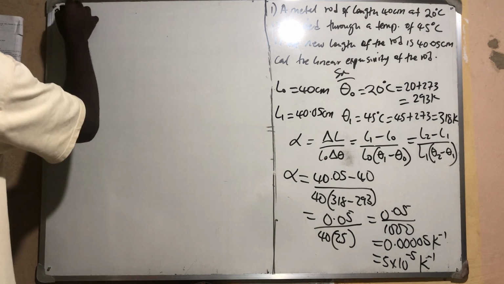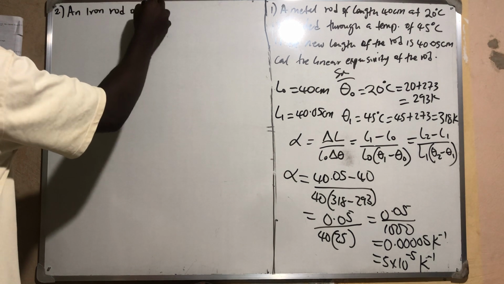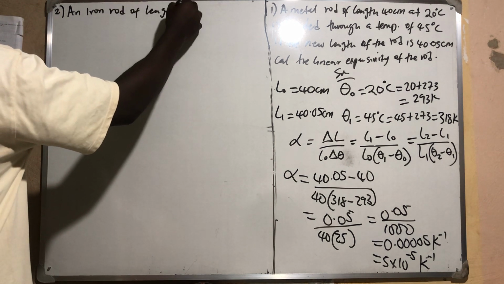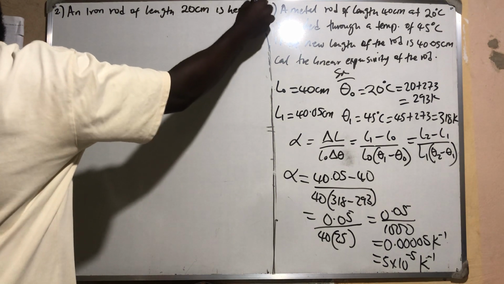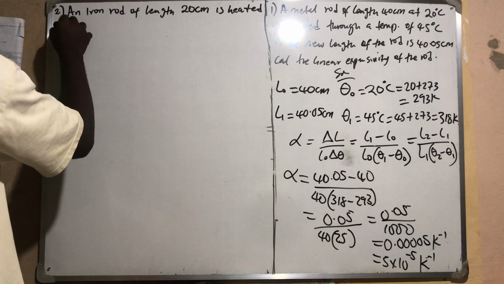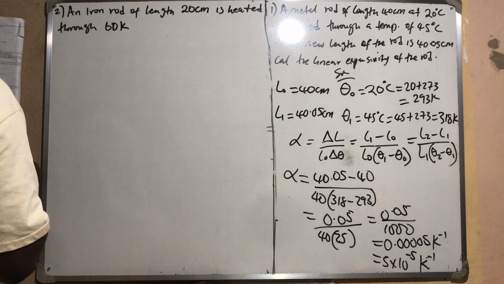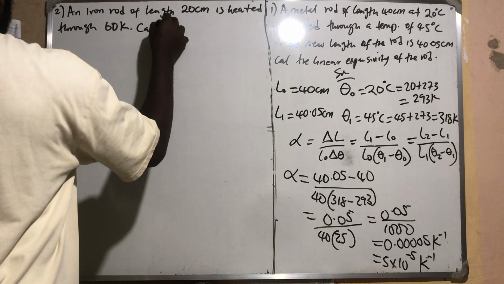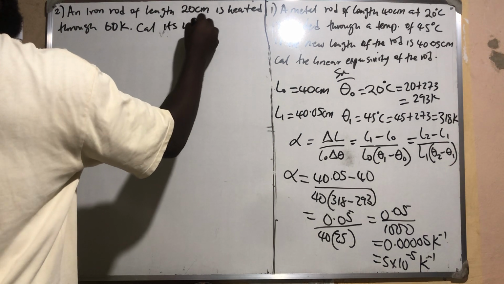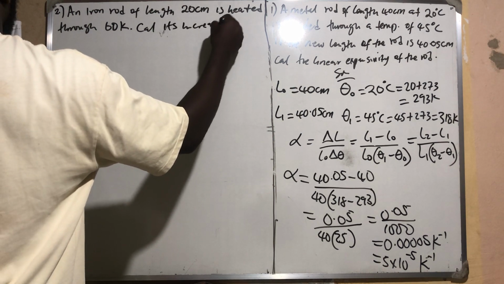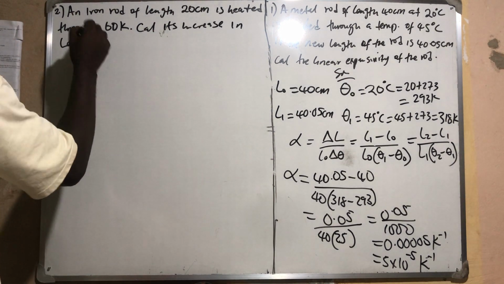Question number 2 said an iron rod of length 20 cm is heated through 60 Kelvin. Calculate its increase in length.